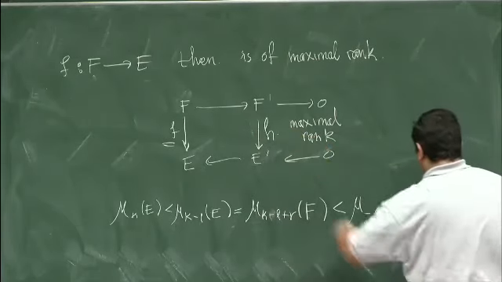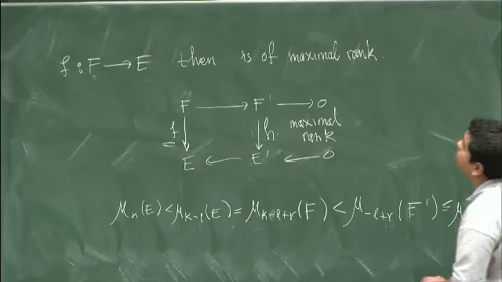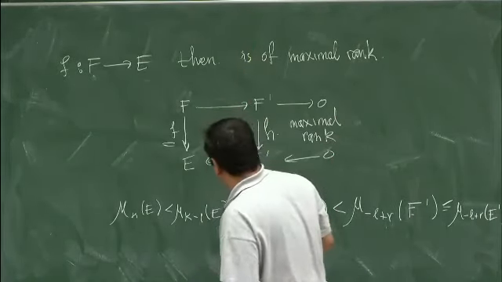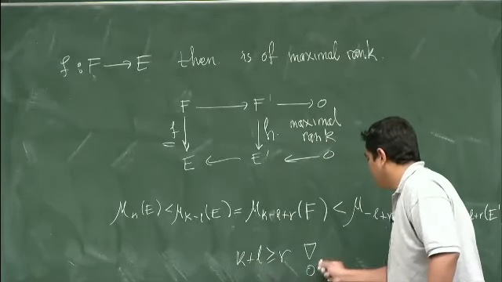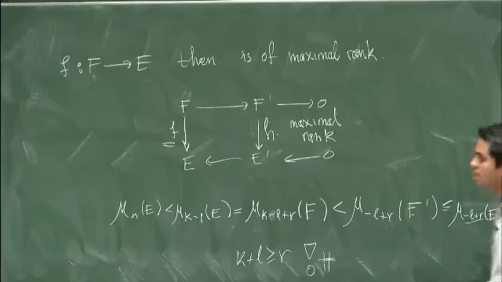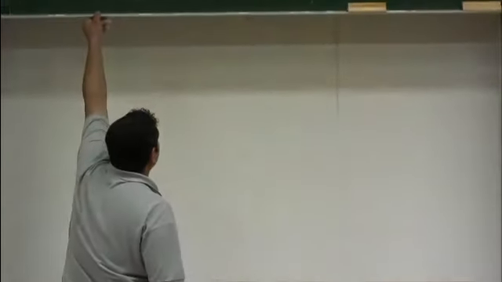But using that this is of maximal rank, then this is less or equal to minus L plus R. And this is a contradiction to K plus L being bigger than R, using these integers. And then, in fact, the morphism is of maximal rank.